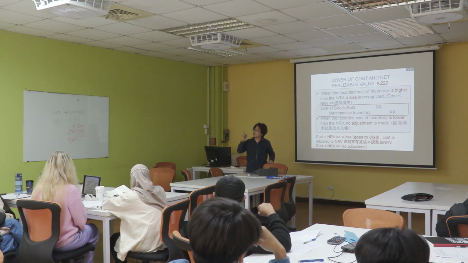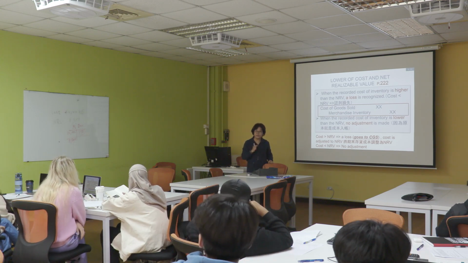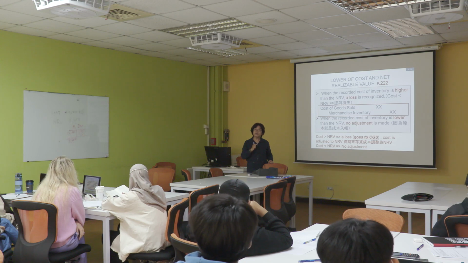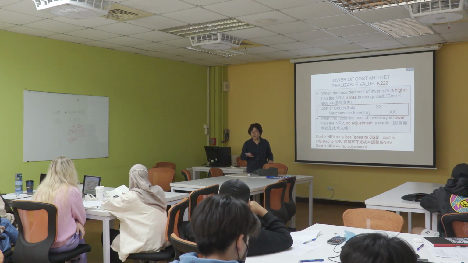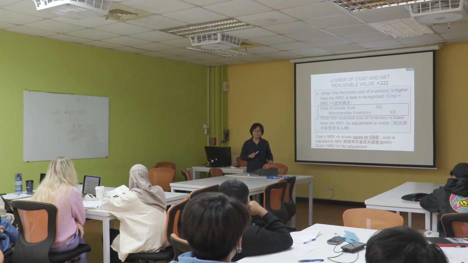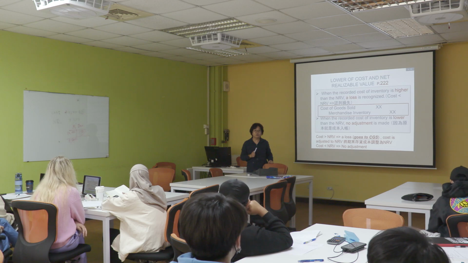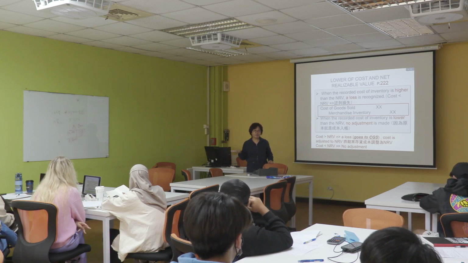What about your original cost is $10,000? After you calculate the NRV, the number is $10,200. Will you do any entry in order to make the change? Yes or no? Add it up or do nothing?